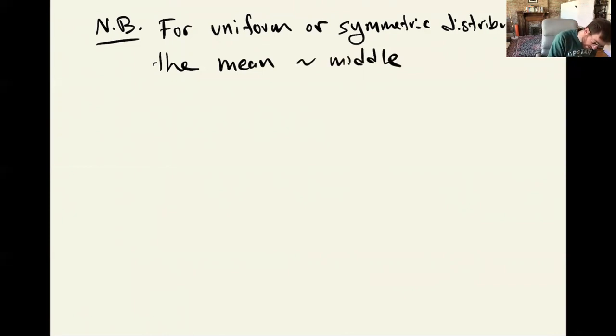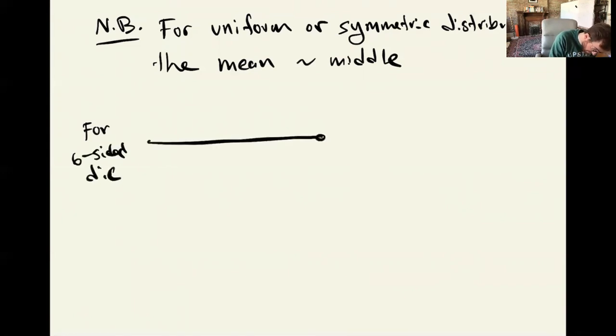And so we have a situation here where, for example, for dice, a six-sided die, I've got 1, 2, 3, 4, 5, 6. And so we're going to put piles of sand of equal weight.